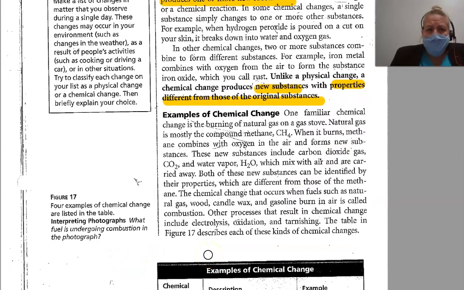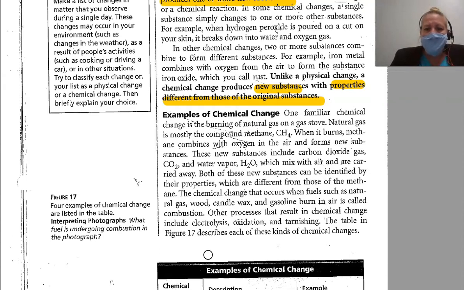Here are some examples of chemical change. One familiar chemical change is the burning of natural gas on a gas stove. Natural gas is mostly the compound methane, CH4. When it burns, methane combines with oxygen in the air and forms new substances. These new substances include carbon dioxide gas, CO2, and water vapor, H2O, which mix with the air and are carried away.